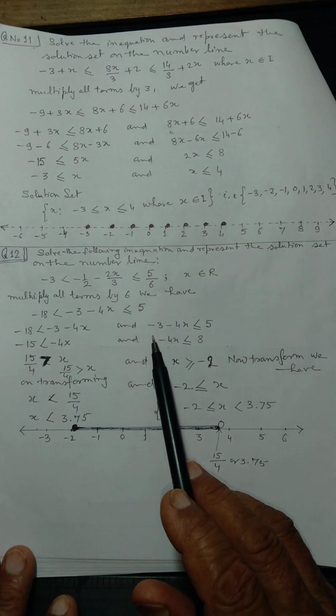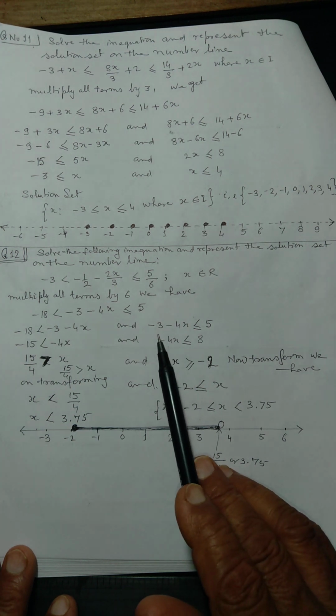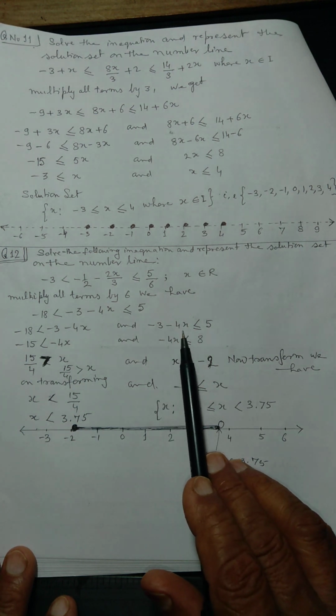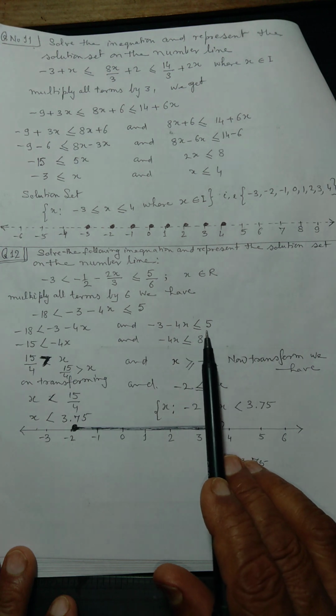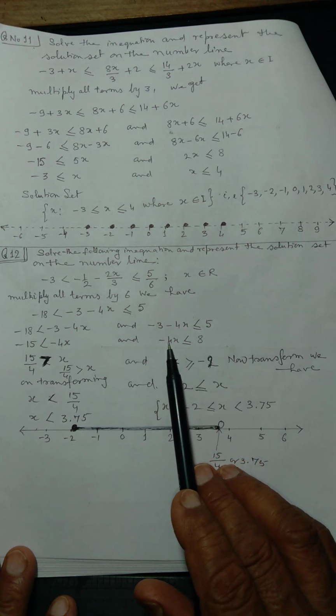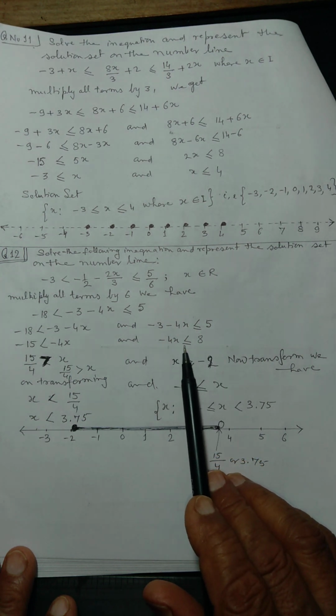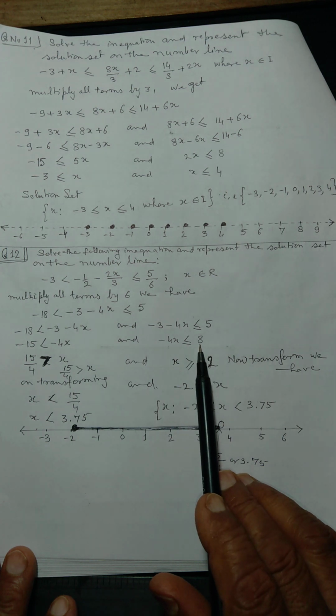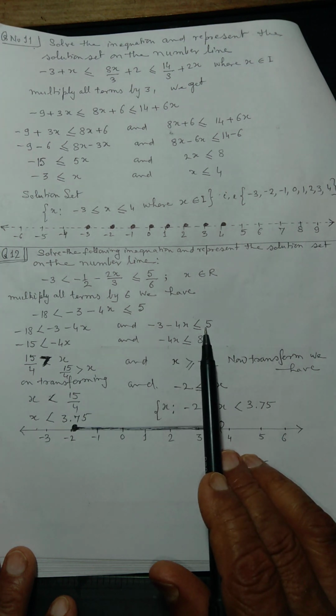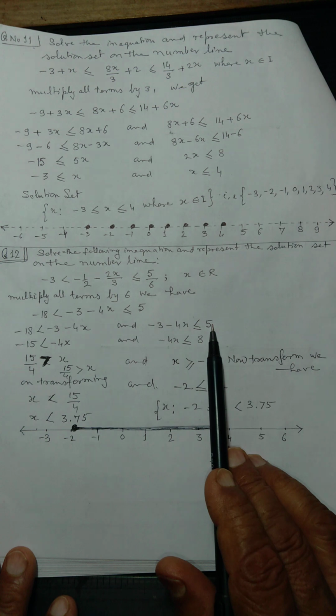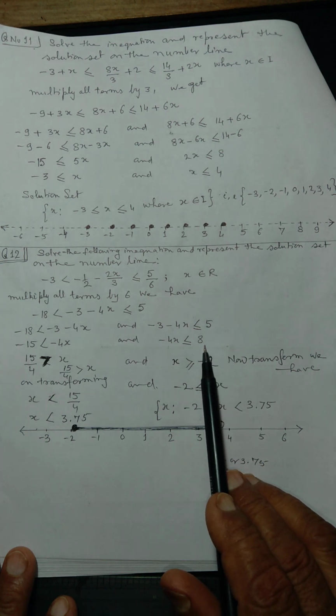So now come to the second part of it, that is minus 3 minus 4x less than or equal to 5. So minus 4x is less than or equal to 8. You see, minus 3 will go to the right hand side, it will become plus, and 5 plus 3 will become 8.